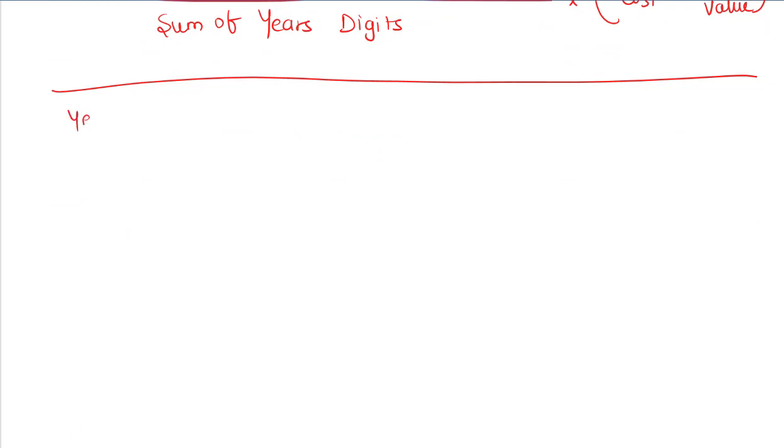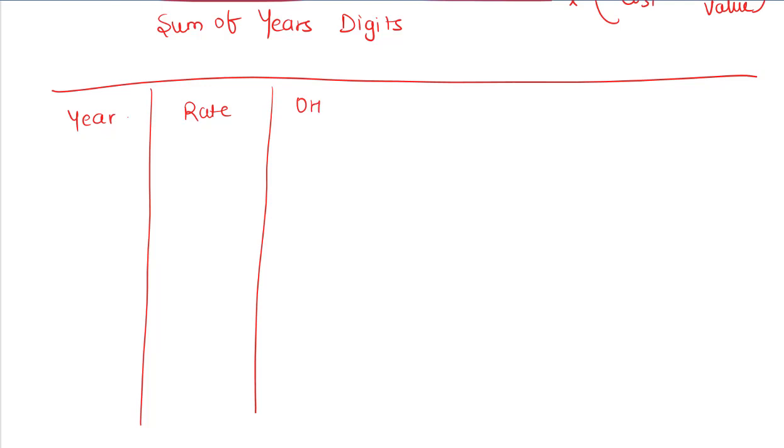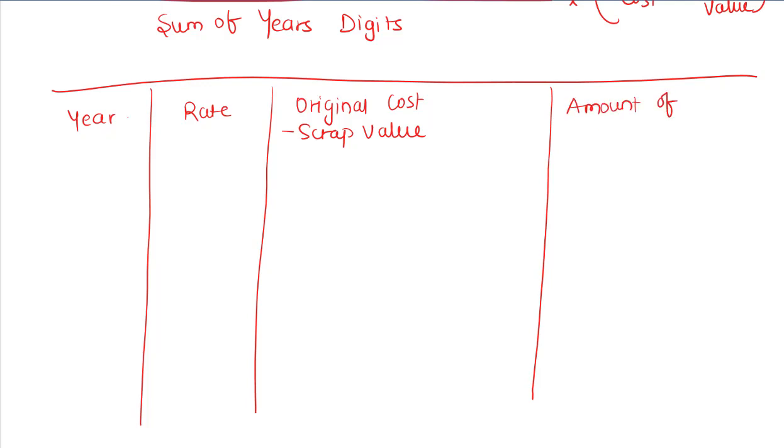Over here, mention year, rate of depreciation that we have already calculated, original cost less scrap value, and at last the amount of depreciation. What is the original cost?